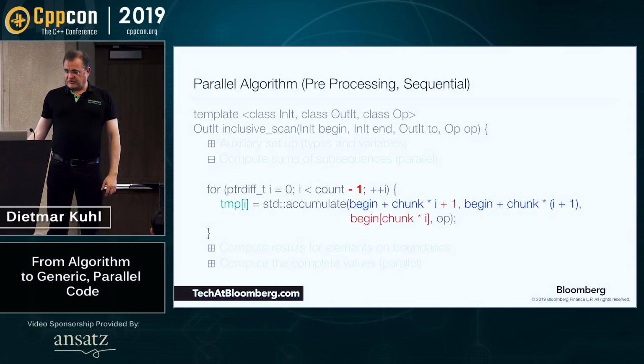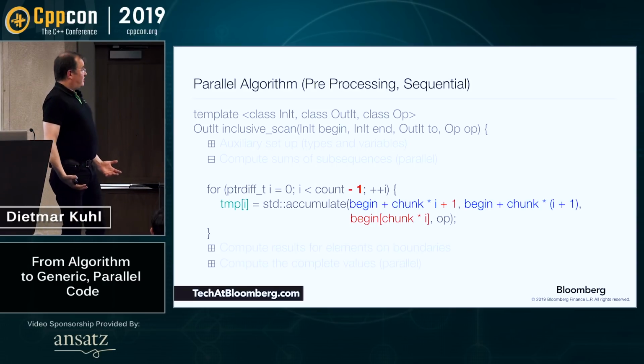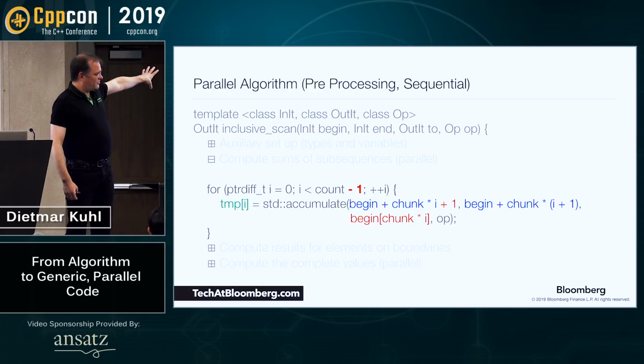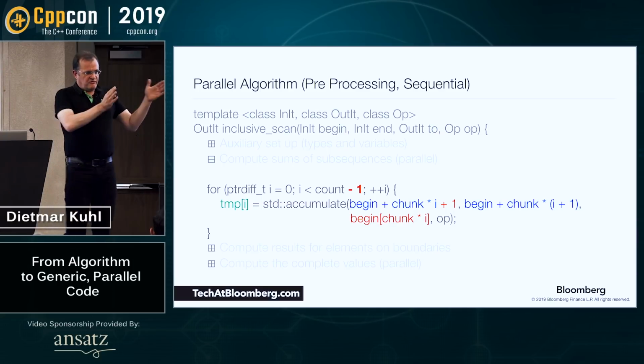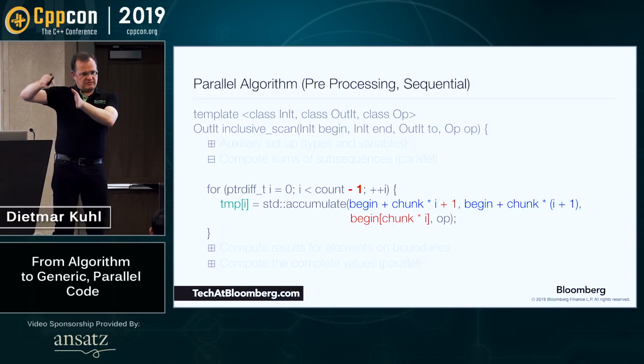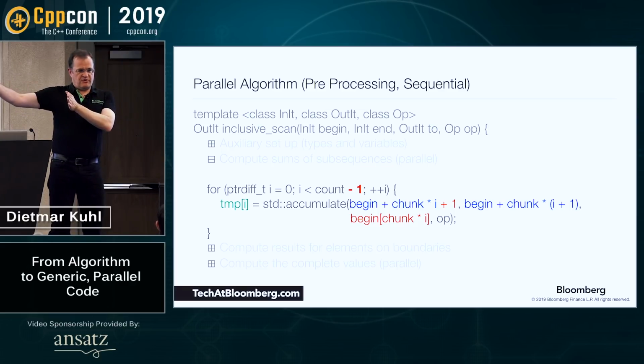Computing the sums of subsequences, well, all we do over here is, in principle, obviously a sequential version of the stuff. We just compute the sums of the subsequences. There is a -1 highlighted. The reason for that is that for the last chunk, we don't need to compute the sum anymore. We only need this initial value.